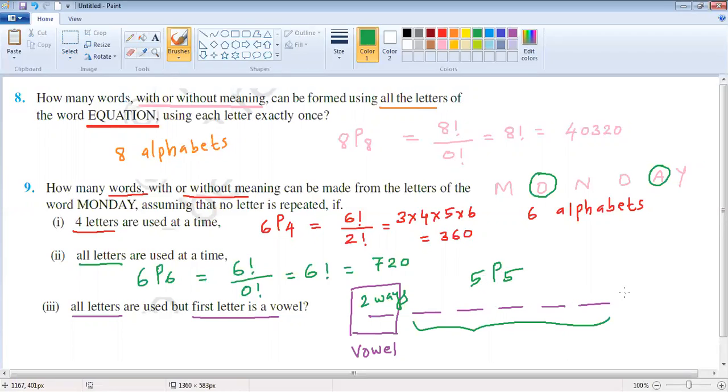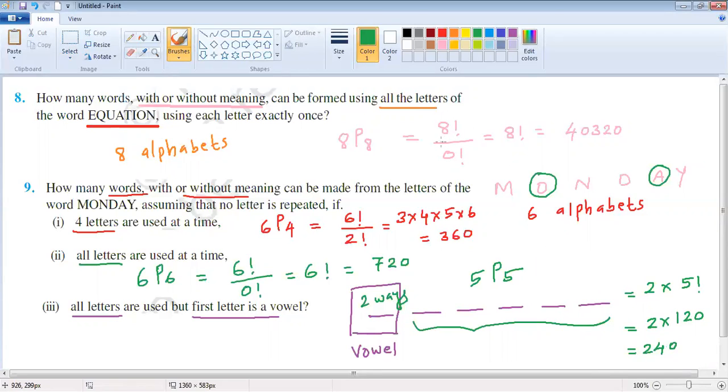So together it is 2 into 5P5, which is 5 factorial. 2 into 5 factorial is 2 into 120. That means 240 words can be formed with or without meaning.